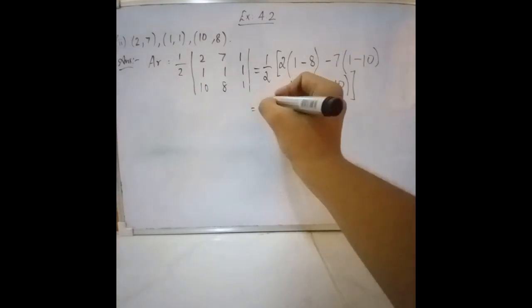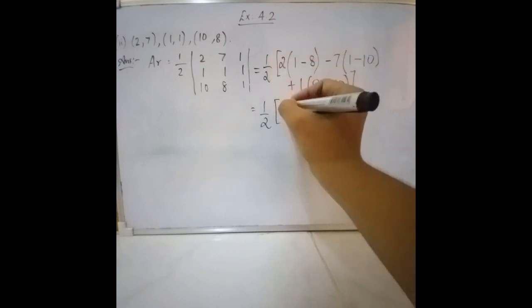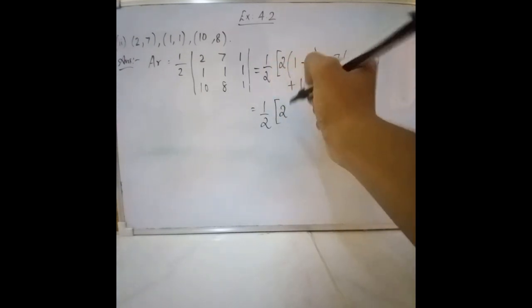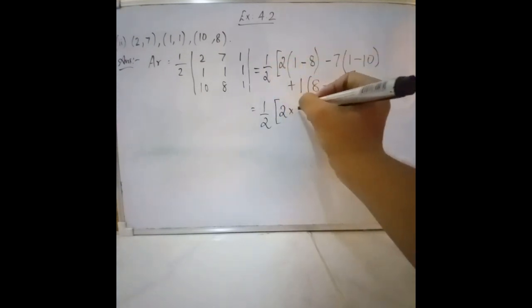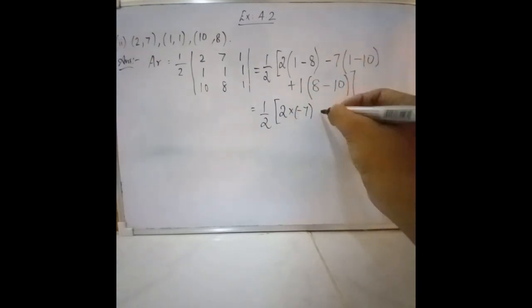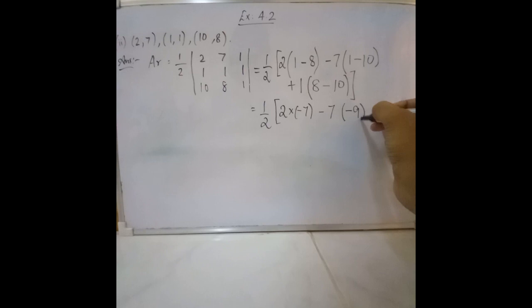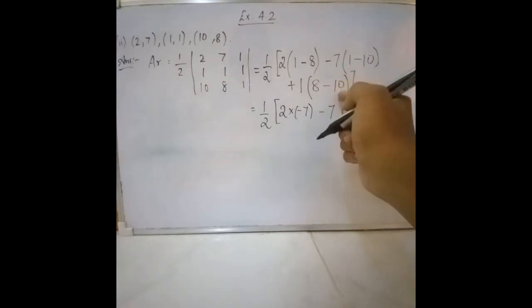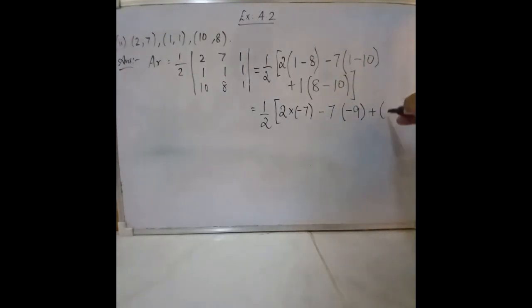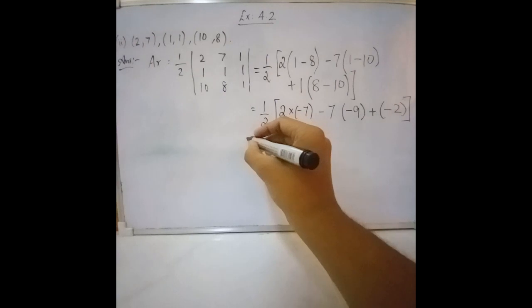Now simplify. 1 minus 8 would be minus 7. Minus 7 into 1 minus 10 would be minus 9, plus 8 minus 10 would be minus 2, and minus 2 into 1 would be minus 2 itself.